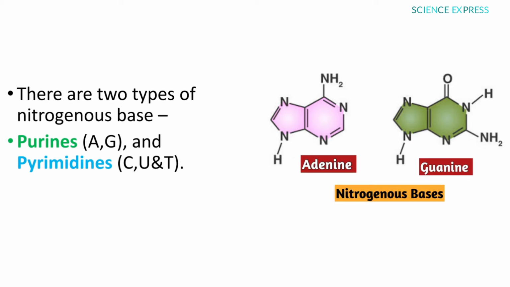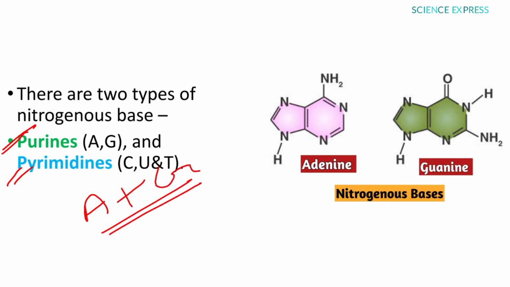Now there are two types of nitrogen base: purine and pyrimidine. Purines are A and G, that means adenine and guanine, and pyrimidines are C, U and T: C for cytosine, U for uracil, and T for thymine. Here is the picture of adenine and guanine.